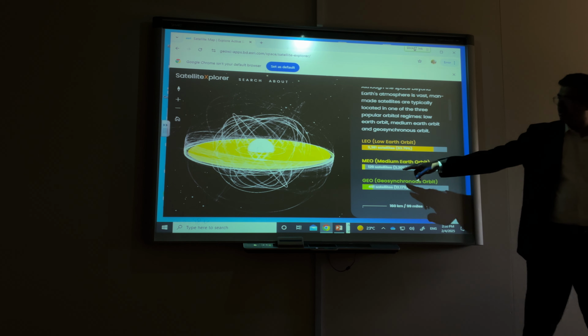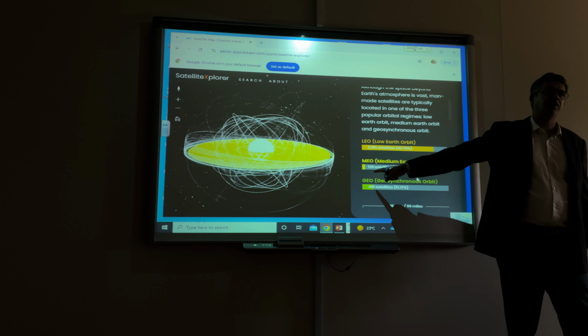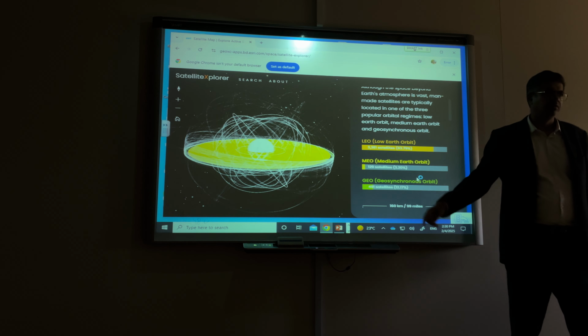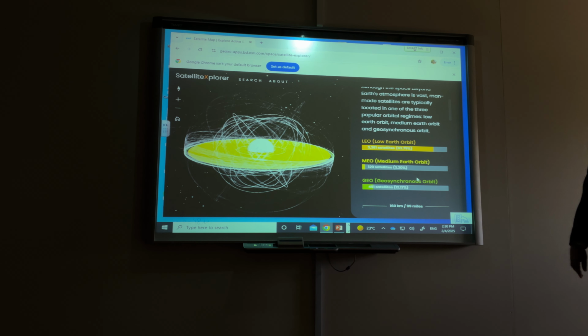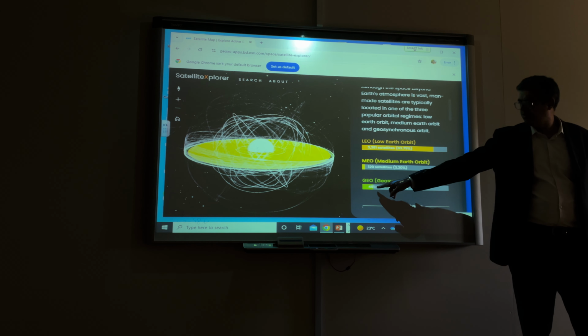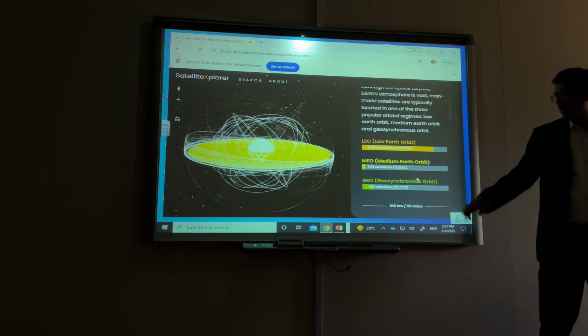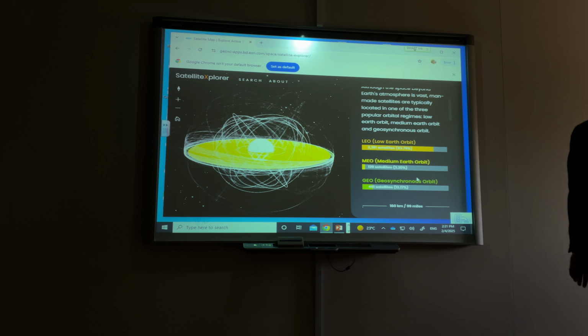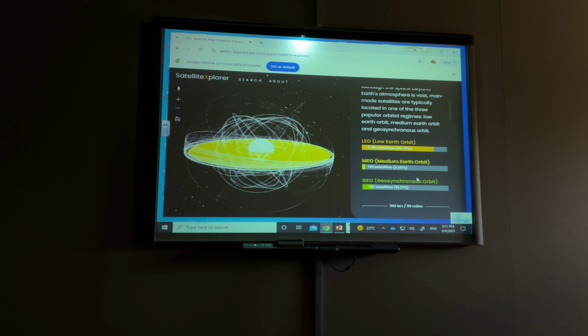In the MEO, there are only about 129 satellites, which is about 3.2% of the total. And in the geostationary orbit, you have around 481 satellites, which is around 12.1% of the total satellites which are functional at present.